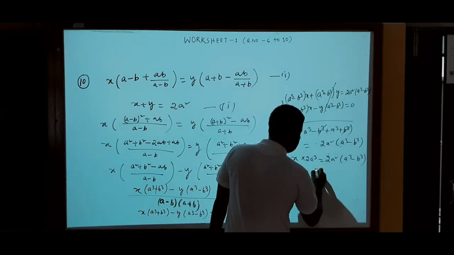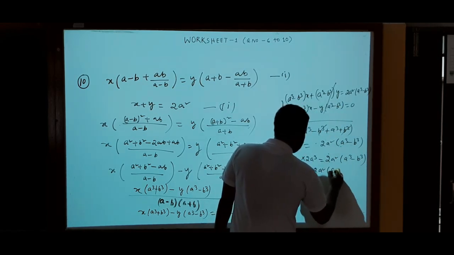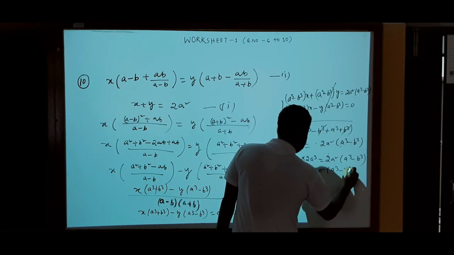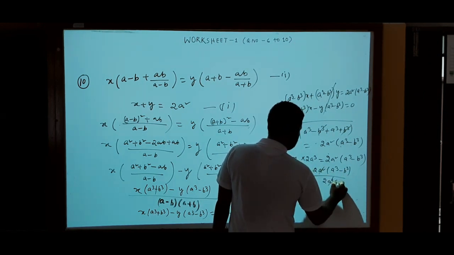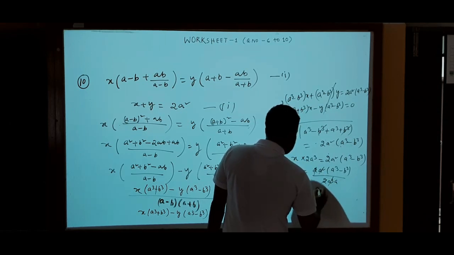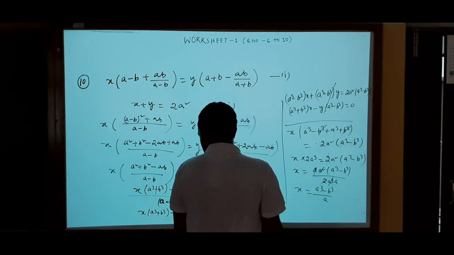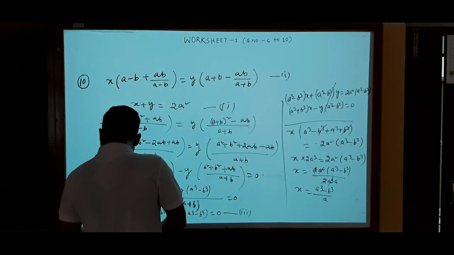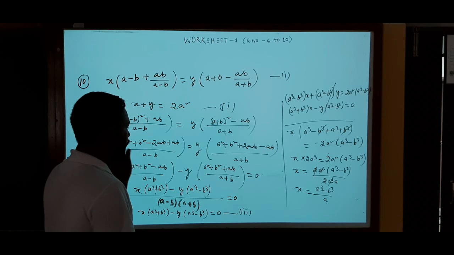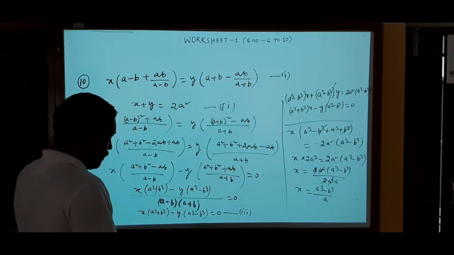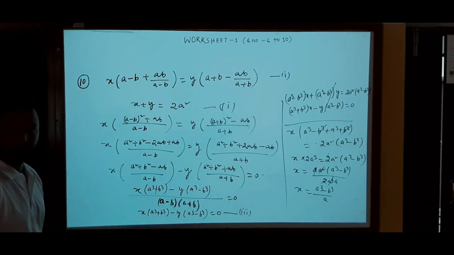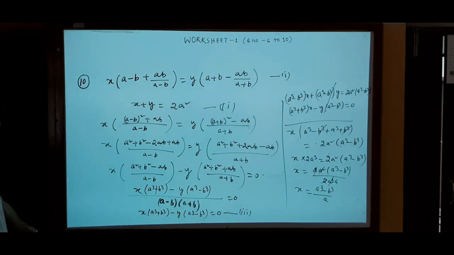So x equal to 2a square into a cube minus b cube upon 2a cube. Cancel. So x equal to a cube minus b cube upon a. Similarly, if you put the value of x in any equation, we will get the value of y. Thank you. Done. Yes.